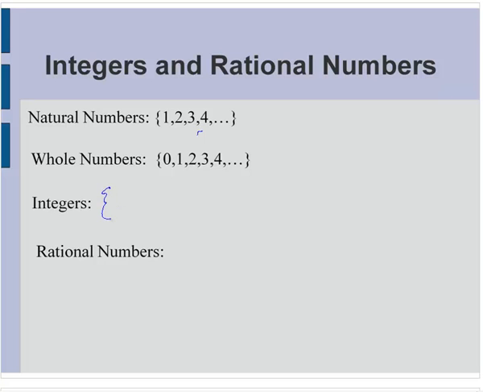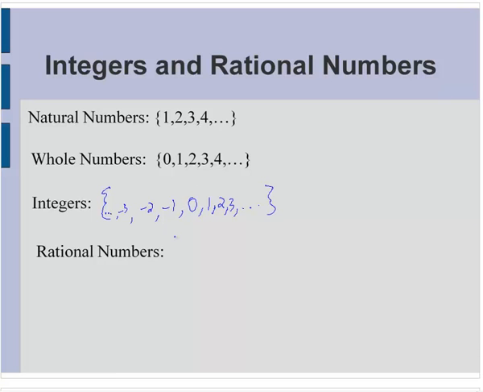The integers are the set of numbers containing 0 and 1 and 2 and 3 and so on. But it also contains the opposites of the natural numbers. So it would contain negative 1 and negative 2 and negative 3 and so on. These are called the integers.